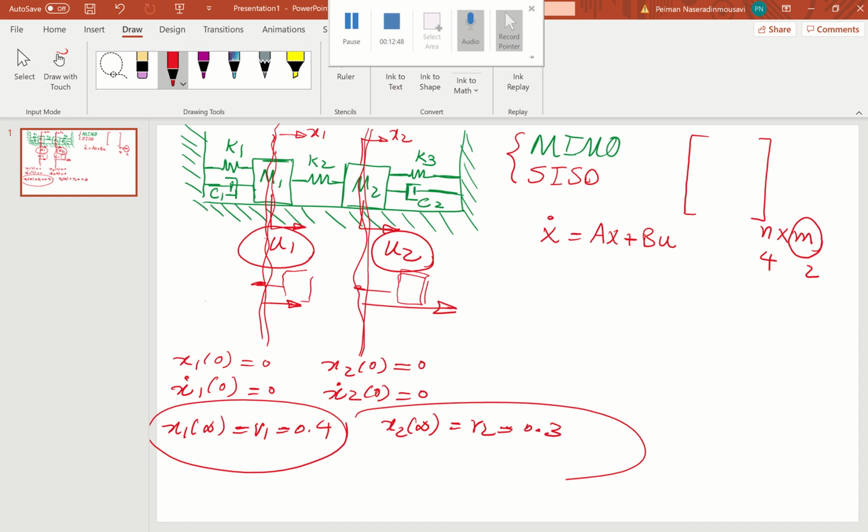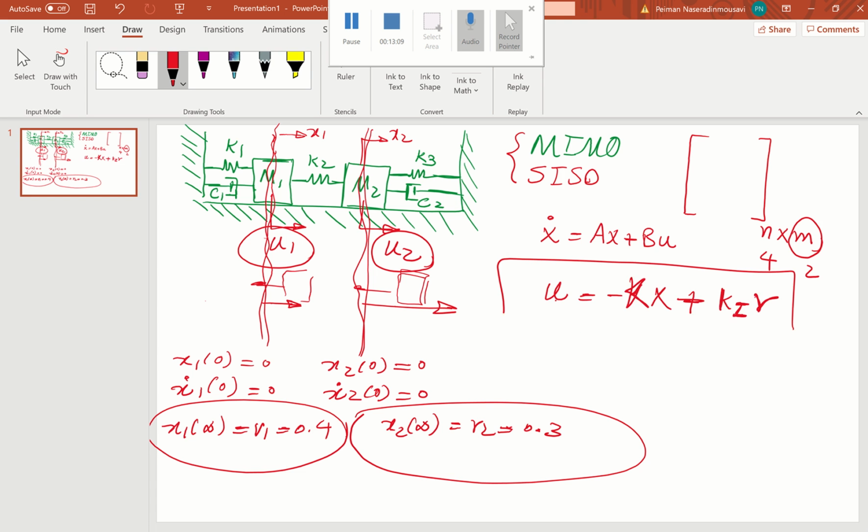So you have non-zero, as I taught you, remember? When I was teaching this, I taught you that if you have non-zero set points, the control input in the general case is going to be minus kx plus k1, the first element of that, in R. Remember, the general case? You have it in your notes.